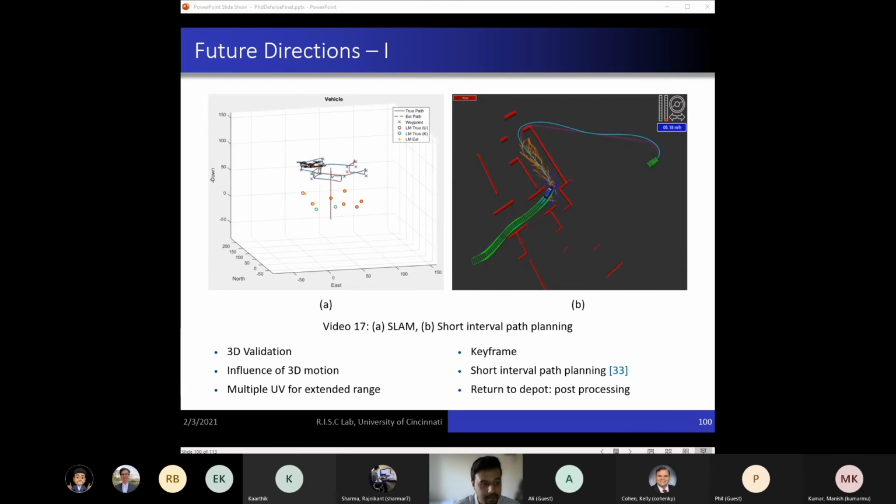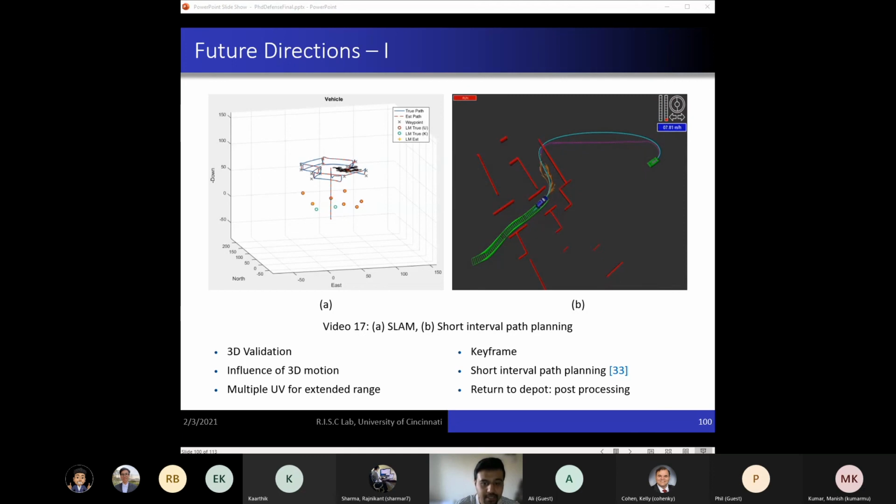Also, if the payload is limited per UV, even though we are minimizing the payload carrying capacity, the number of payloads it can carry is still limited. So if the payload carrying capacity is again restricted, we can think of efficiently carrying payload over multiple UAVs to extend the range of our work.